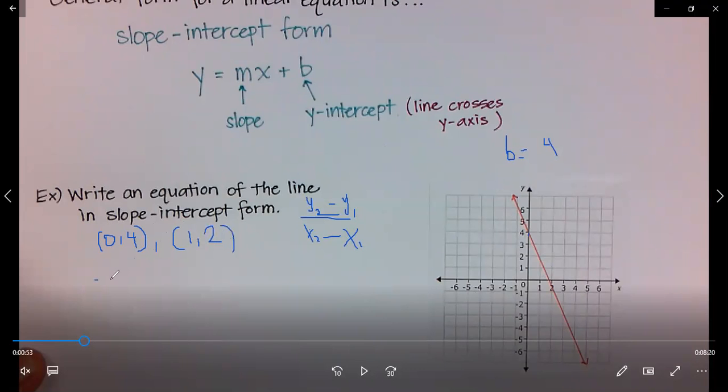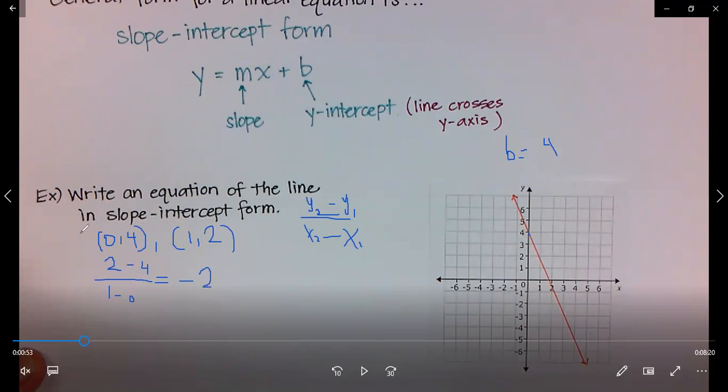We will calculate the slope, so it is y2 minus y1, which is 2 minus 4, over 1 minus 0. Then the answer is negative 2 over 1, so the slope equals negative 2.